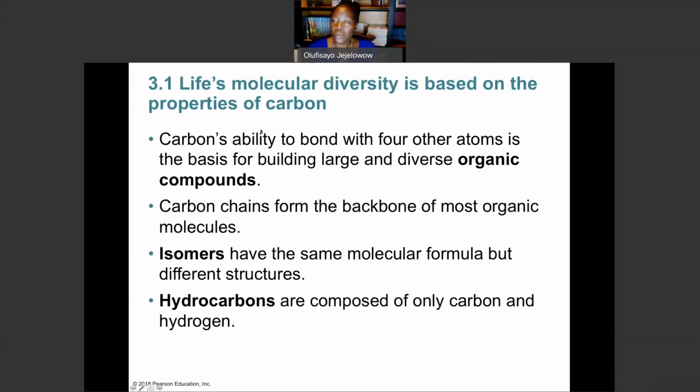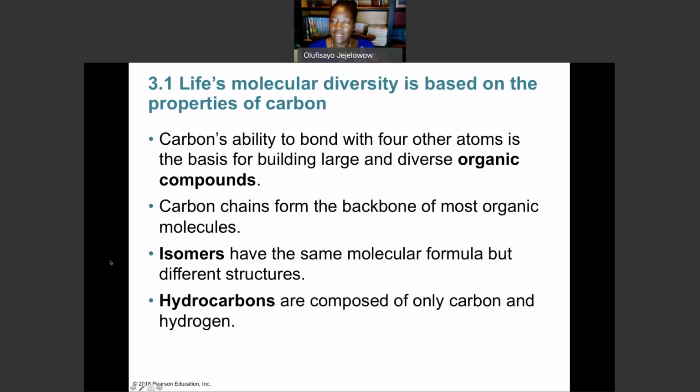So the element carbon is very, very important in the diversity of life. Life's molecular diversity is based on the properties of carbon. Carbon atoms form the backbone of the diverse organic compounds that we know. Carbon is able to do this because of its unique ability to form 4 covalent bonds.